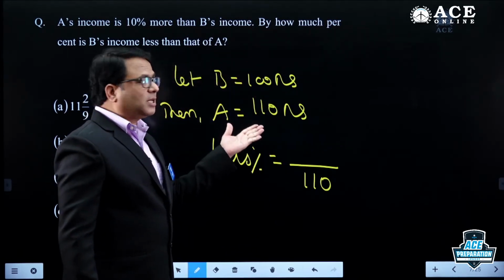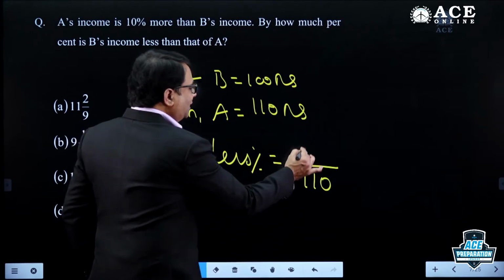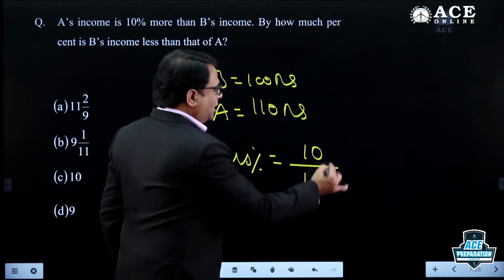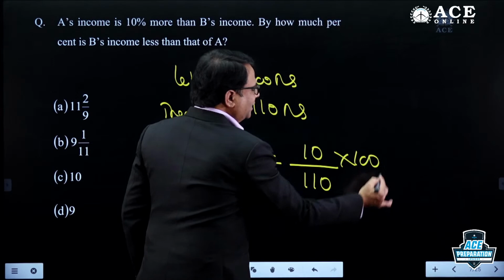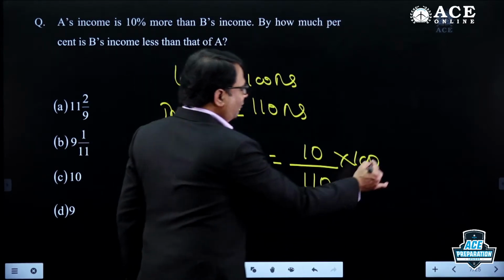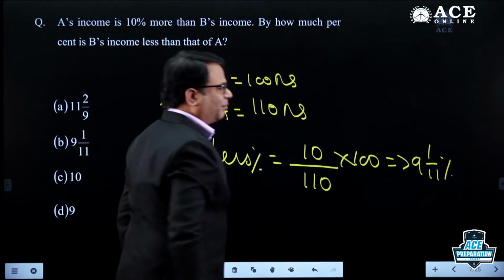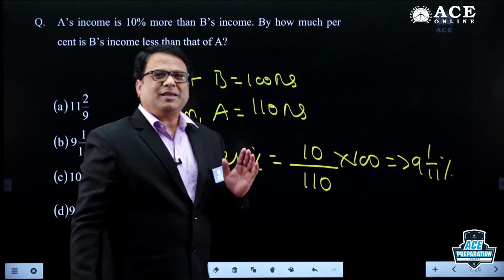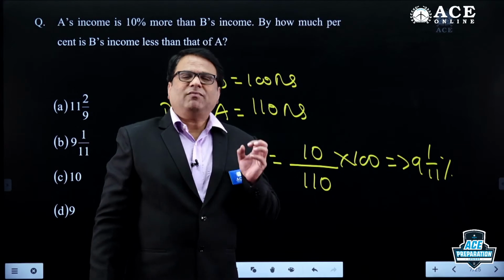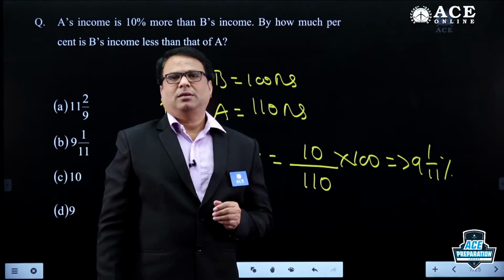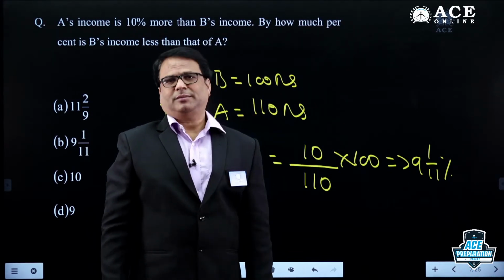And B is how much less? 10 less. So I write 10 in the numerator. And to convert this into percentage, I multiply with 100. And when you do this calculation, you will get 9 1/11%. Then I say B's income is 9 1/11% less when compared to A's income.